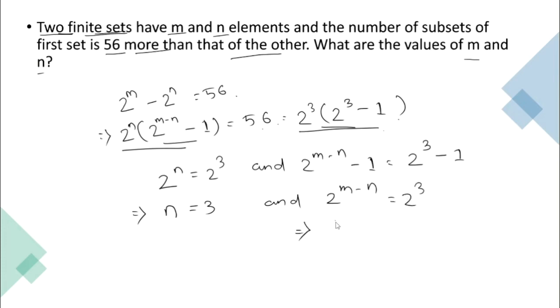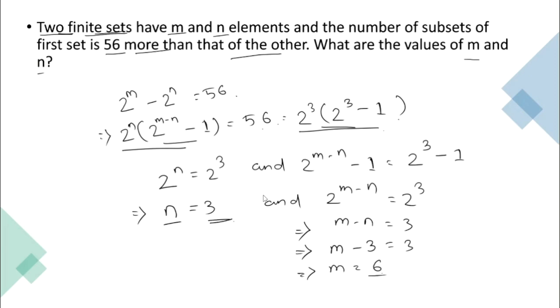This will imply m minus n equal to 3. But here we found out that n equal to 3. So putting the value of n here, we will get m minus 3 equal to 3. This will imply m equal to 6. This way we can find out the values of m and n, that is m equal to 6 and n equal to 3.